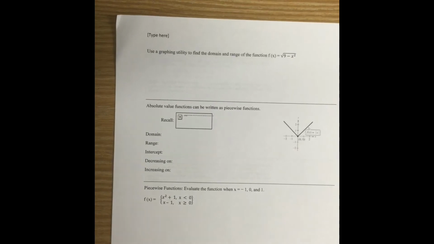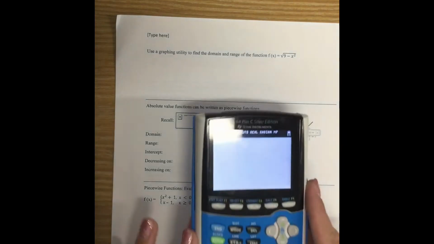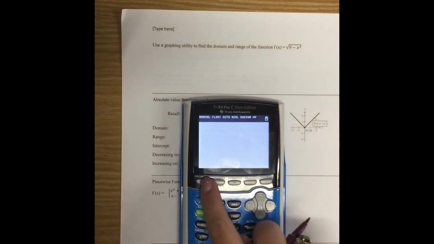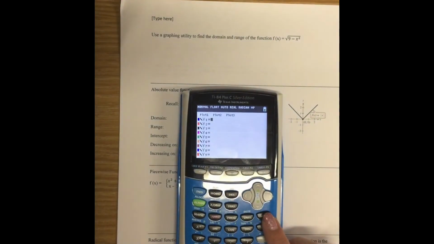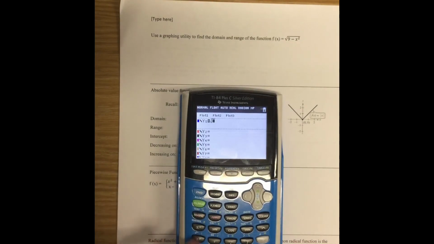Good job. Okay, next. Going to using a graphing utility to find the domain and the range of the function. So when we get our graphing utility, we hit y equals. And in here, we're going to type square root. So second square root, it's right above that squared button. 9 minus x squared.